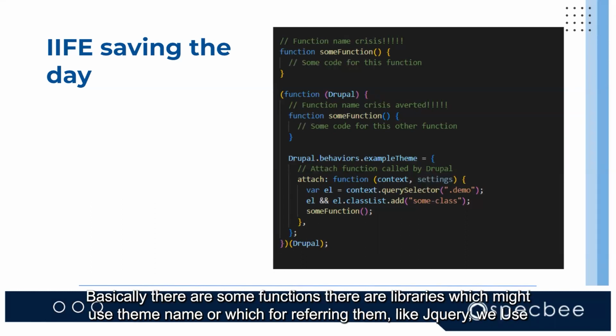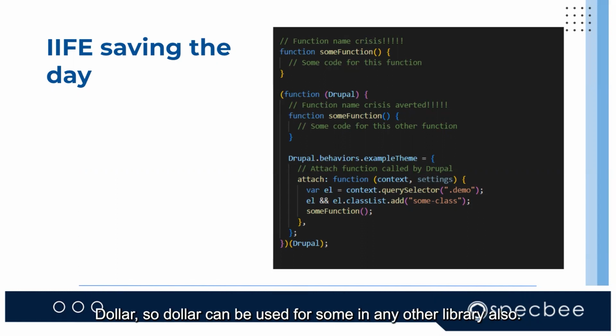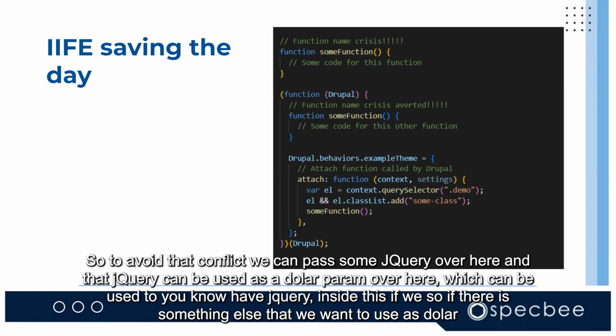There are some libraries which might use the same name for referring to them, like jQuery, where we use dollar. Dollar can be used by some other library also. So to avoid that conflict, we can pass in jQuery over here, and that jQuery can be used as the dollar parameter to have jQuery inside this IIFE.